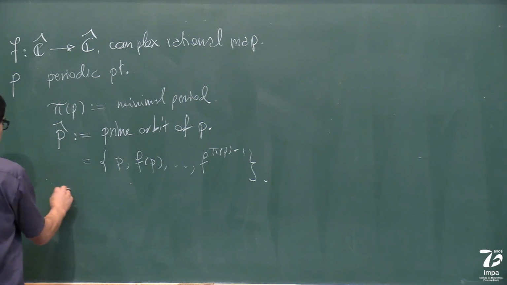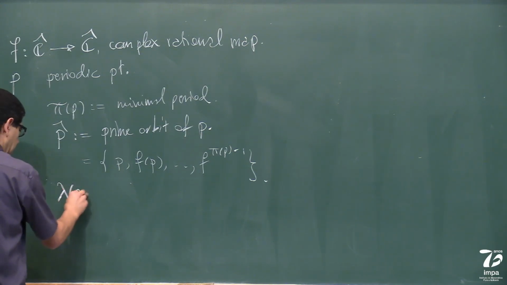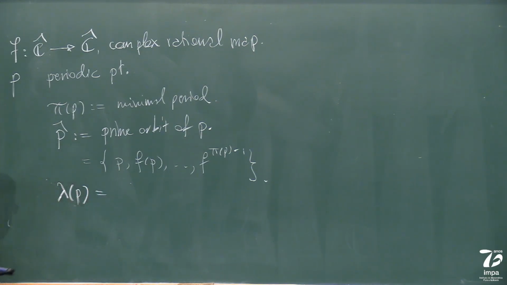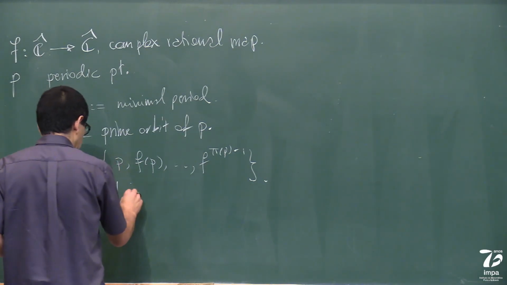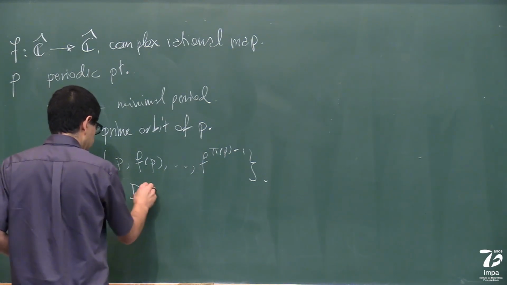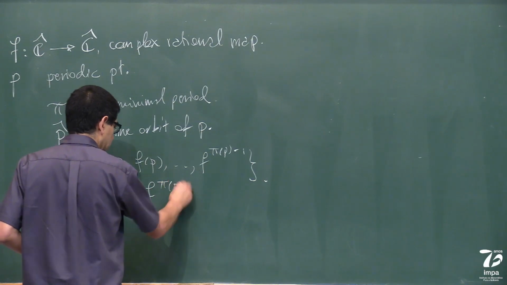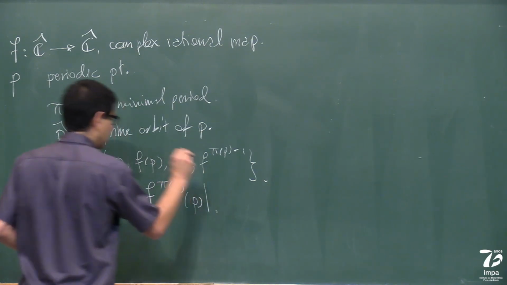And we want to introduce this number, lambda of p, that we are going to use to measure the size of a periodic point. This is the norm of the multiplier of p.